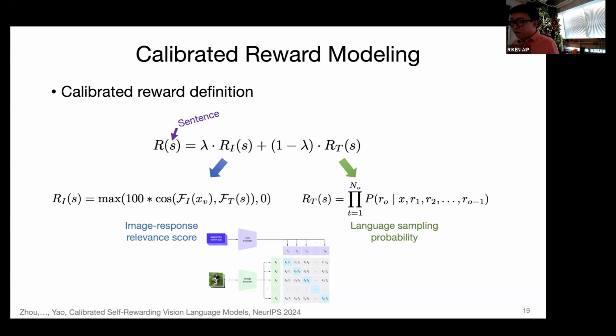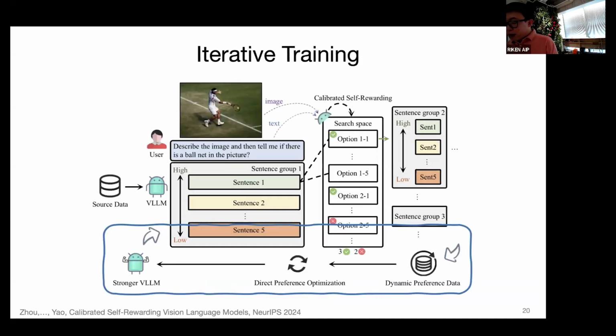So you will have this calibrated reward, and then rank the sentences generated from the image by the model itself. Finally, we perform this kind of self-rewarding multiple times. You first have the generated sentence groups and the preference data, and then you perform preference optimization to get a stronger large vision language model.